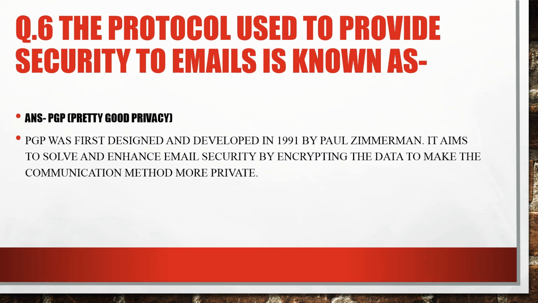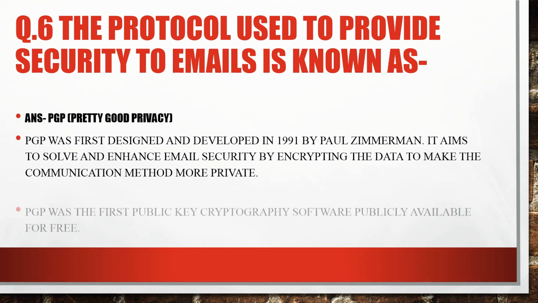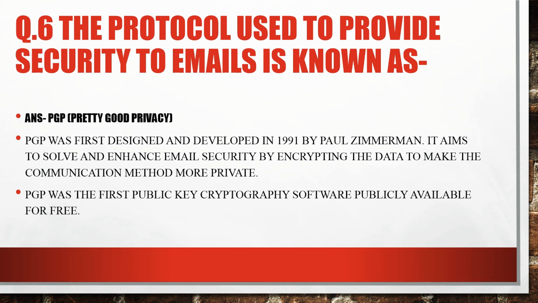Now, PGP, I mean Pretty Good Privacy, was designed and developed in 1991 by Paul Zimmermann. It aims to solve and enhance email security by encrypting the data to make the communication more private. Okay. Now, PGP was the first public key. I think you are all aware about cryptography and the keys used in cryptography.